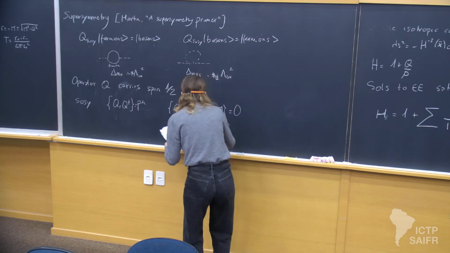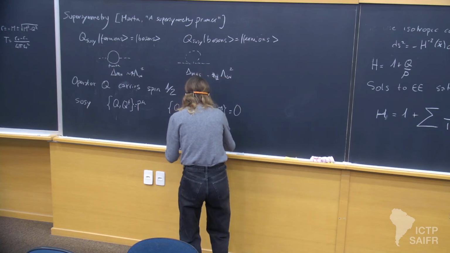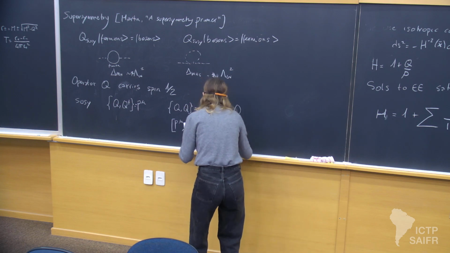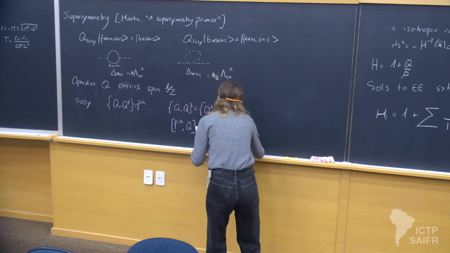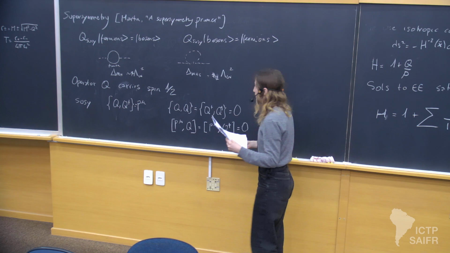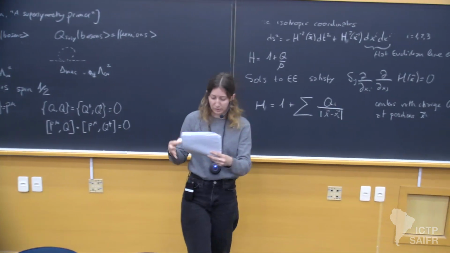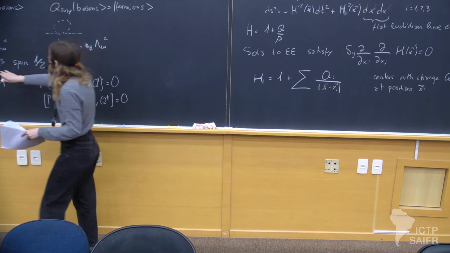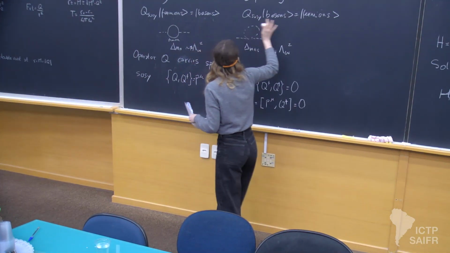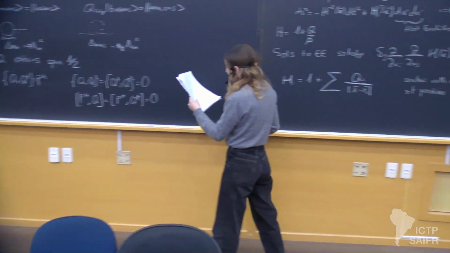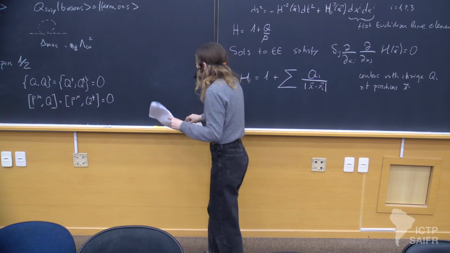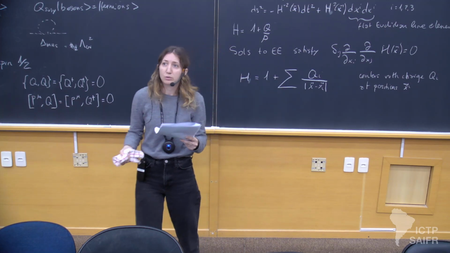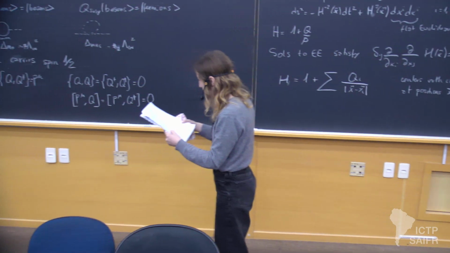Also here I'm being very schematic and not exhaustive, but I'm just giving you the ingredients that you need to understand what happens later in the lecture. So you have this operator that transforms fermions into bosons and vice versa. Single particle states of these supersymmetric theories fall into irreducible representations of the supersymmetry algebra.